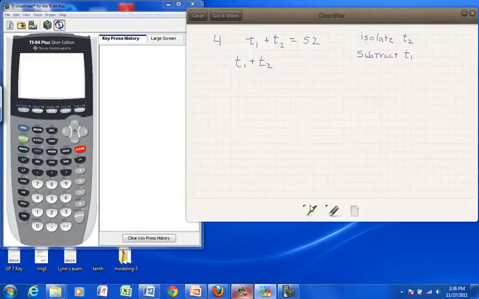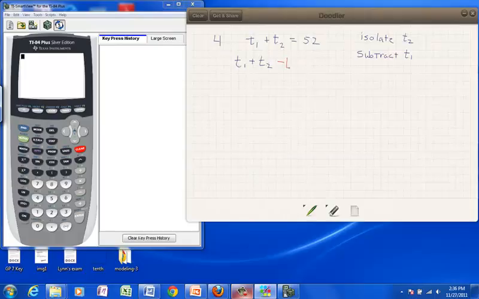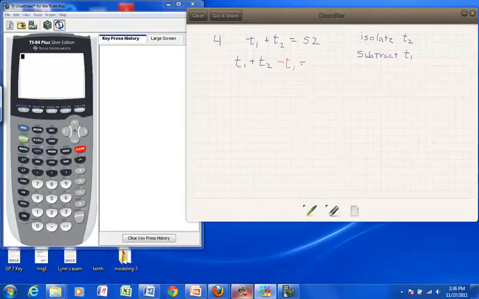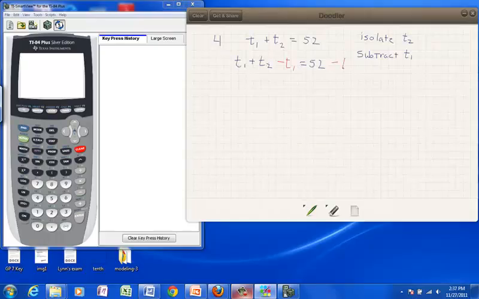To keep this straight for you, I'm going to do this in color. So I'll subtract T sub 1 from this side of the equation. And I'll subtract T sub 1 from the other side of the equation.